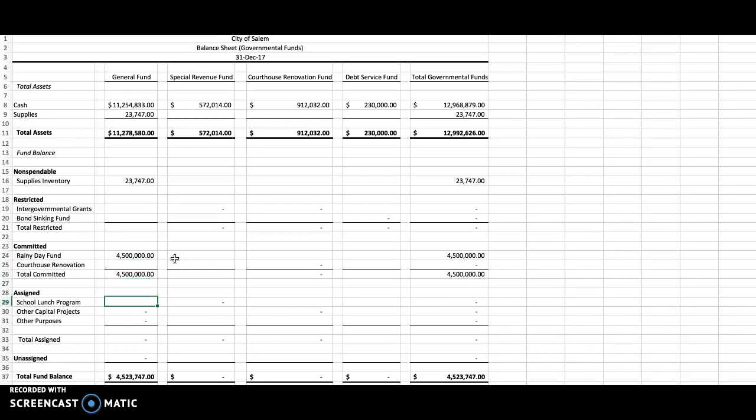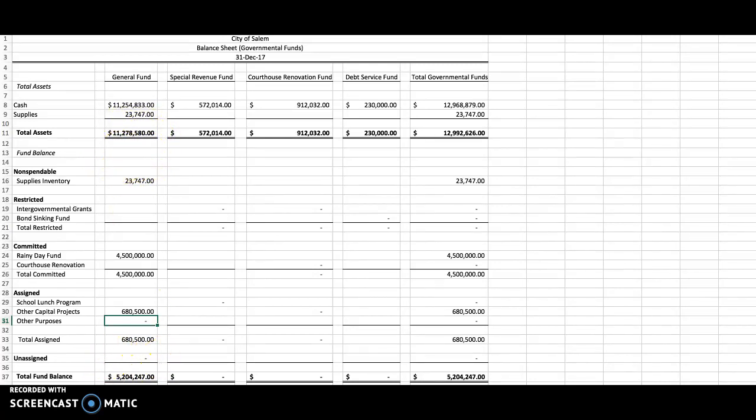So let's suppose they also have some other capital projects that we're not really specifying right now, and those total 680,500. We notice we have something that doesn't balance here. We have total assets in the general fund alone of 11,278,580.